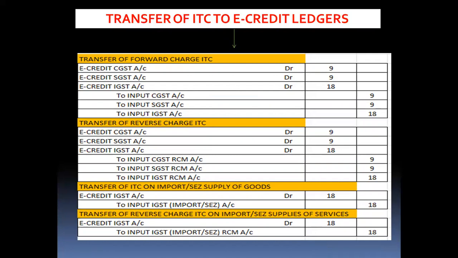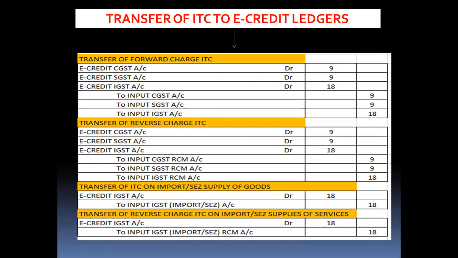Now let's understand the accounting entries to be passed for transfer of ITC to e-credit ledger at the end of the tax period, say on 31st December 2022 for the month of December 2022, to the extent of credit availed in GSTR 3B.